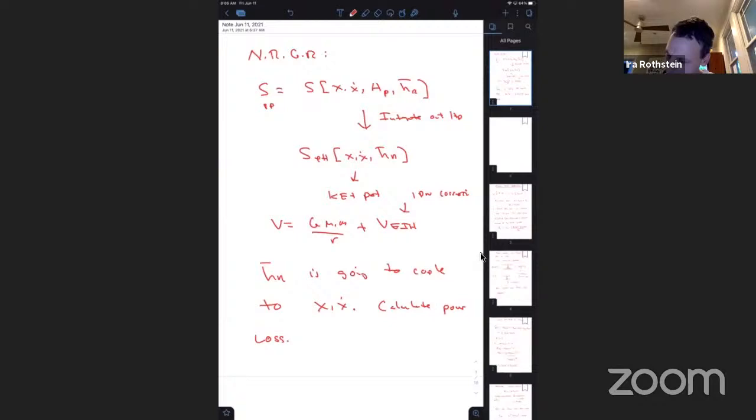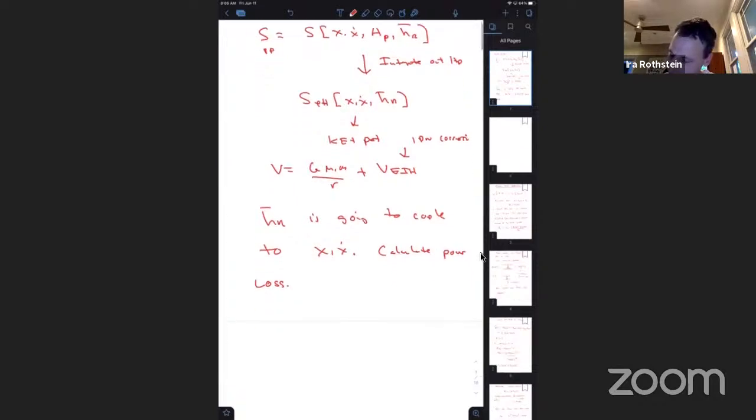Okay, so the next thing we're going to do is we're going to calculate the power loss. And if you remember how we did that in electrodynamics, we matched onto a theory where there was a P dot E, and this P was the sum over e_i x_i.